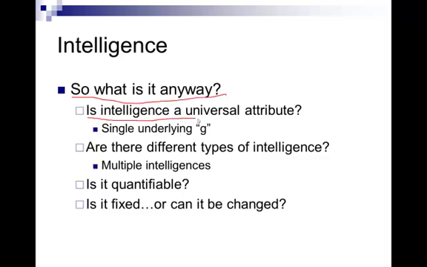Is it a universal attribute? And your book talks about G. Now, G was one of the first conceptualizations, and that's basically where you want to try to take something that's maybe sort of like a theory, or it's out there but nobody's put a name to it yet.